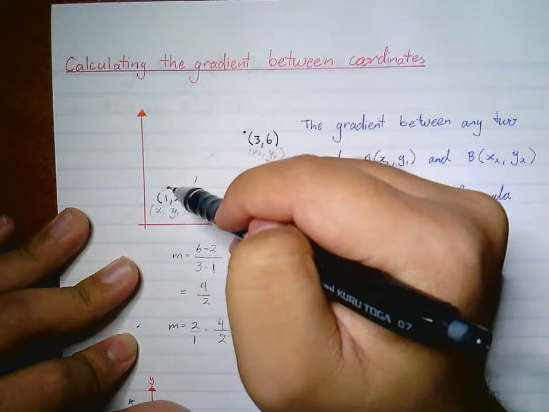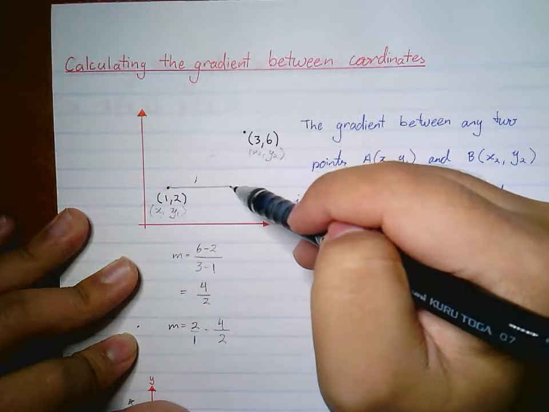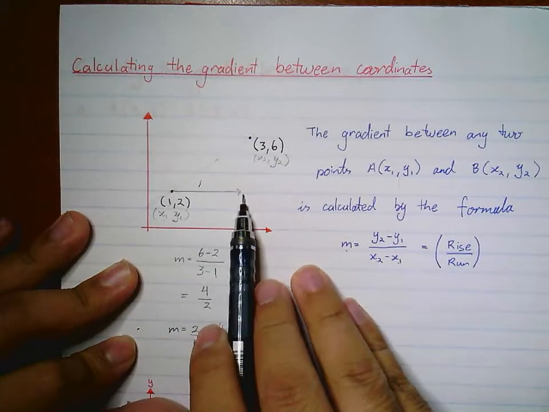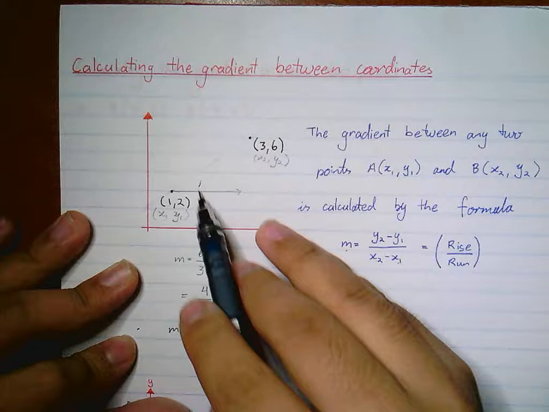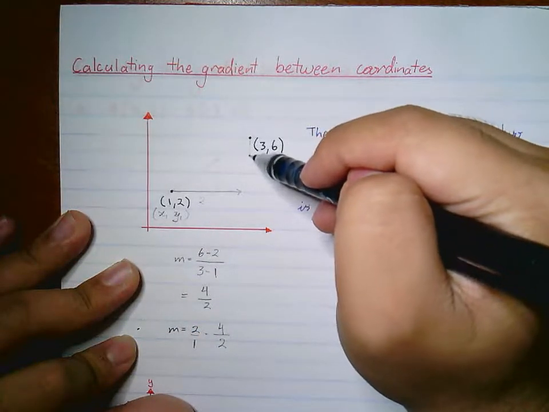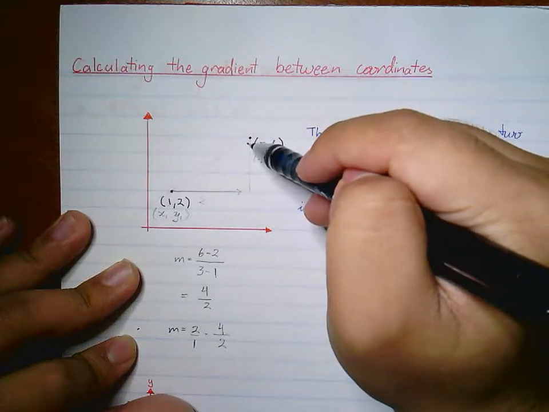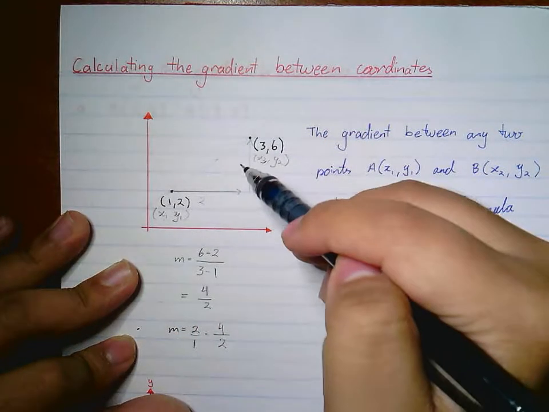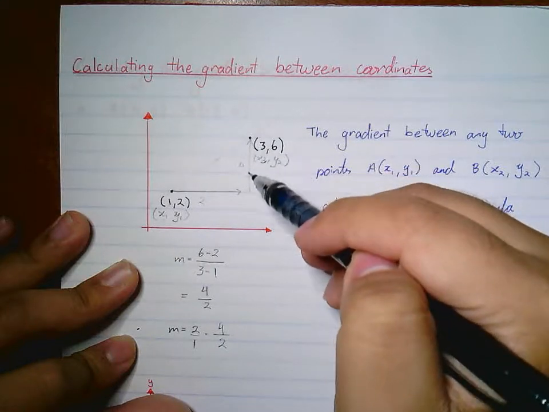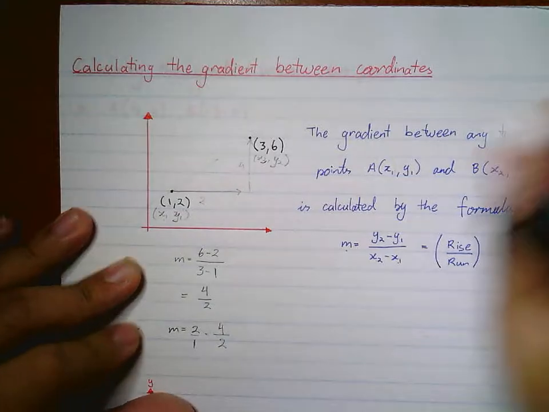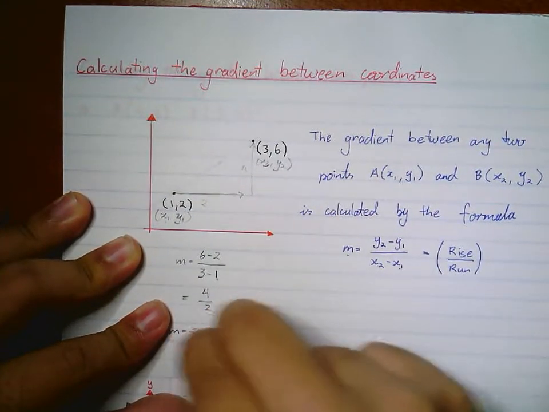So if it goes across here from 1 until 3, that's 2 across, it would have risen 4 units upwards, from 2 until 6. That's 4 units up. But simplified, 4 over 2 is just 2.